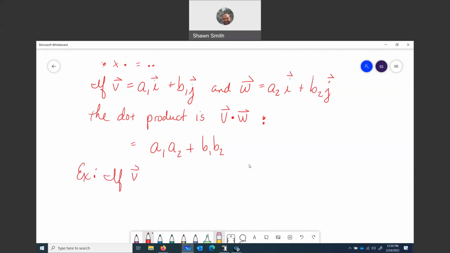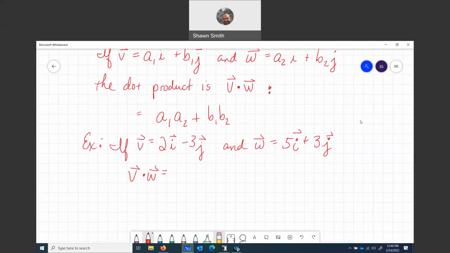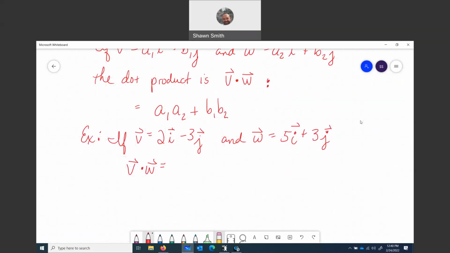So let's say vector v is equal to 2i minus 3j, and w is 5i plus 3j. V dotted with w. Again, always remember this is coming out to be a scalar quantity, not any vector anymore.